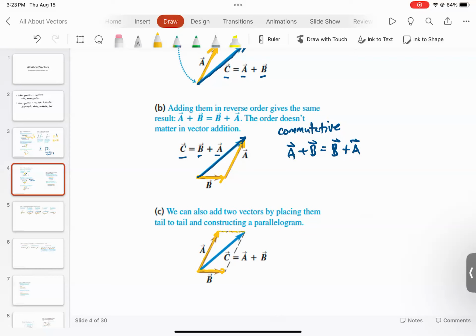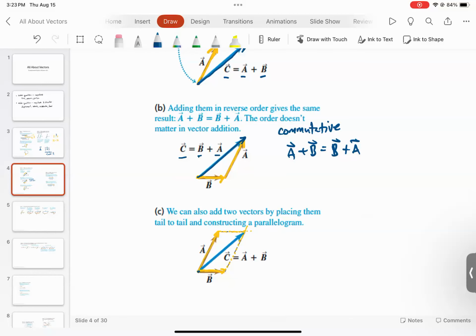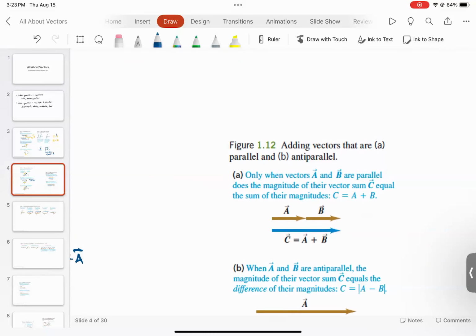So, a line that is parallel to vector B, and then another line that is parallel to vector A. So, yung ating starting point ngayon ay dun sa buntot ng dalawang vectors at yung end point natin ay dun sa intersection ng dalawang parallel lines. So, from the starting point to the end point, we now have yung sum ng A at saka ng B. That will be vector C.